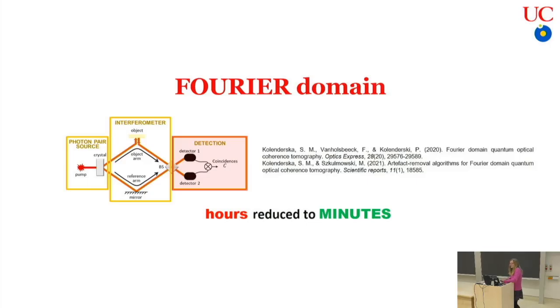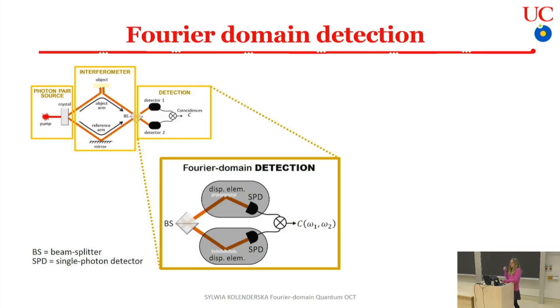With the Fourier-domain approach, we are able to reduce hours to minutes, and I will quickly show you how we did it. In the Fourier-domain approach, we still have single photon detectors, but we also have dispersive elements, so that the coincidences that we measure are discriminated by wavelength.